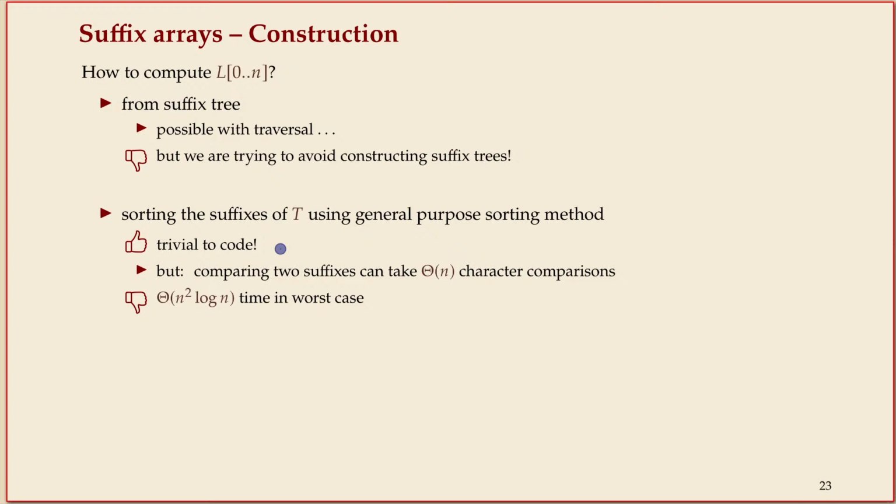That's usually built into libraries anyways. So this takes 2 lines of code. Unfortunately, this is not so great because the comparison of any 2 suffixes could take linear time. As often, if you take a boring text like everything is A's, that gives you the worst case for this stupid algorithm.